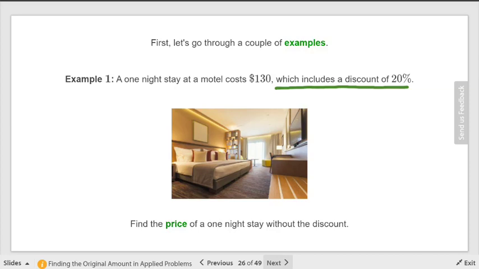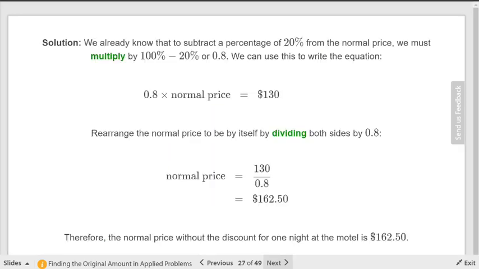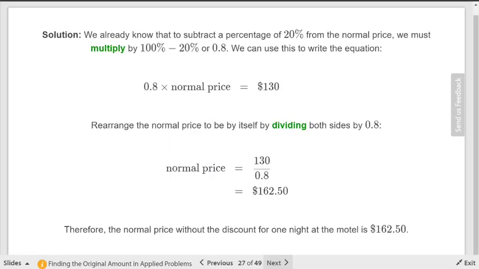They would have given us the 162.50, and we found the 130. Remember, we will look at how these look on the NCEA test too. So 100 minus the 20% gives us 0.8 times the normal price, which is really the same as divide. And there you go, 162.50.